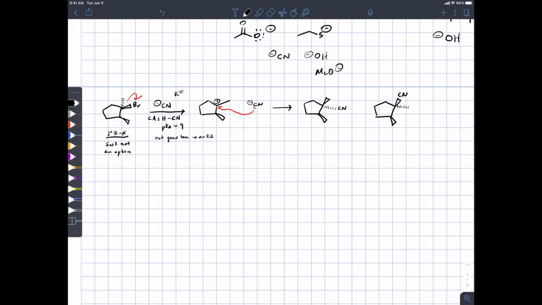You need to drill down a little bit deeper to analyze why you thought that and why you didn't get that. It's probably, if you drew just this one, because you thought the mechanism was SN2 and needed to have inversion of configuration, or that you forgot that the intermediate is planar and can be attacked from either side.